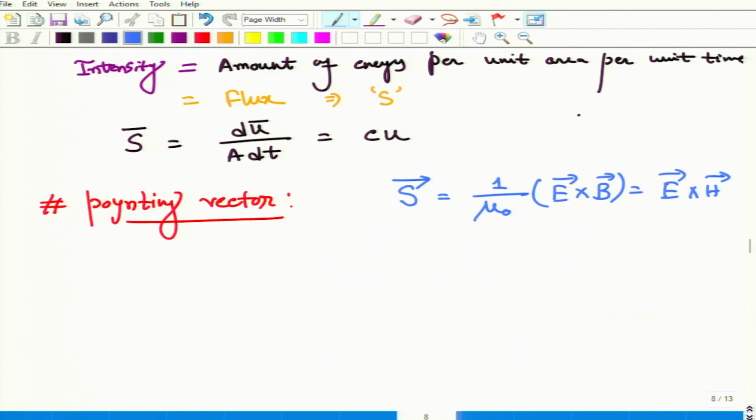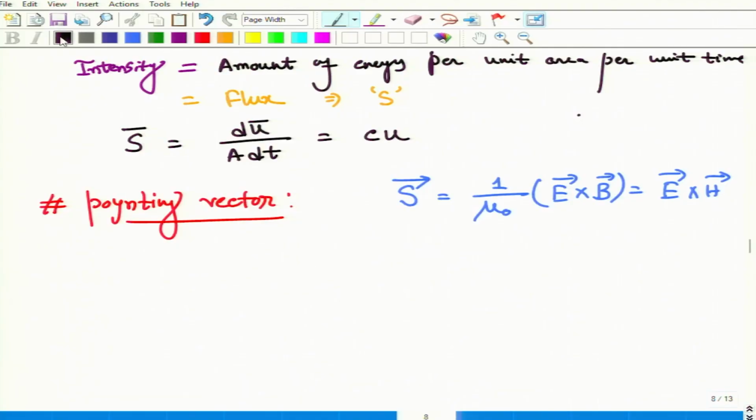We all know that in electromagnetic waves, the direction of propagation is perpendicular to both the electric field and the magnetic field. If we draw it again, this is the direction of propagation, which is denoted by the S vector. We will see why. Let me first write it: direction of propagation.